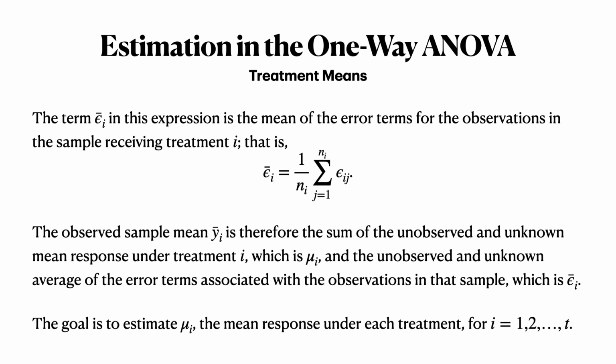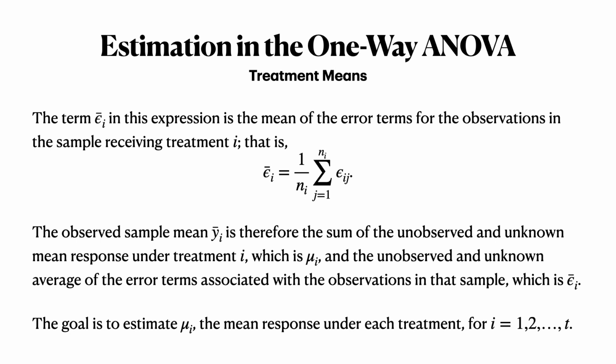The term epsilon bar sub i in this expression is the mean of the error terms for the observations in the sample receiving treatment i. That is, epsilon bar sub i is equal to 1 over the size of the ith sample, n sub i, times the sum, j going from 1 up to n sub i, of epsilon sub ij.